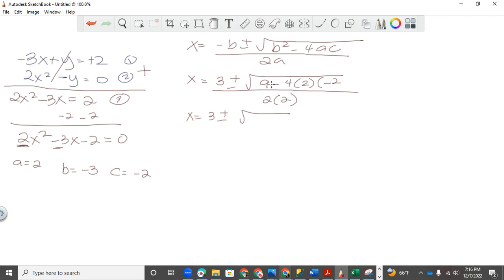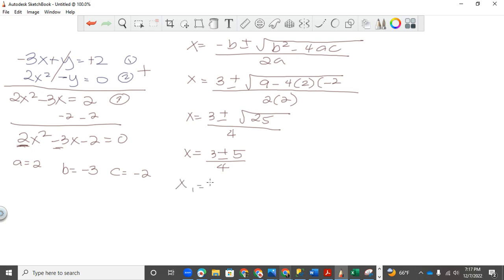So positive 16 plus 9 is 25. Or better yet, just put everything inside the radical in the calculator and it should give you 25, all over 4. So now x equals 3 plus or minus the square root of 25, which is 5, all over 4. So now you have two x's here.